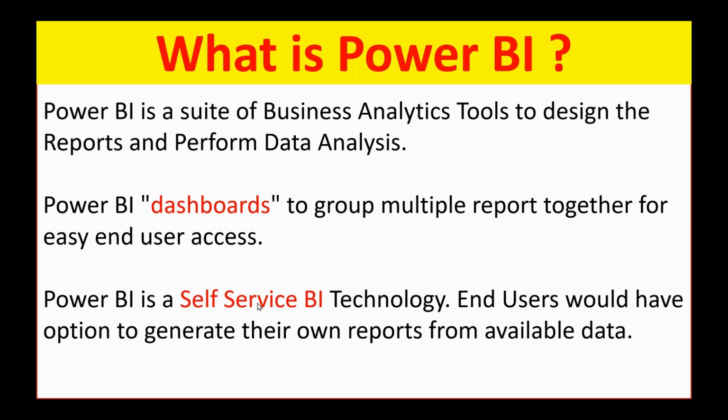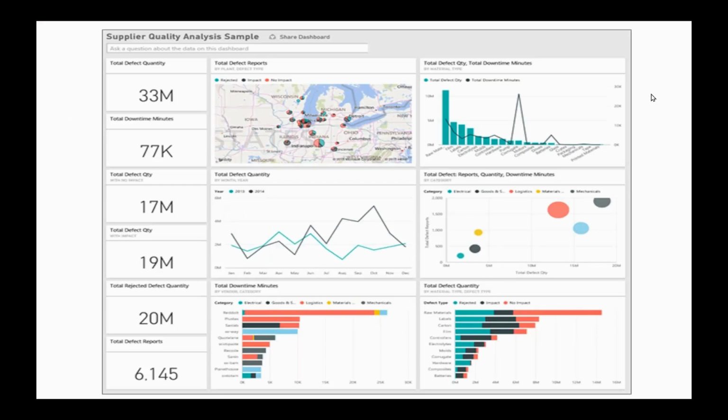With this information, let's understand now our job roles and the day-to-day job activities. Let's get started slowly. So, a sample report that we are going to design in the next couple of classes is something like this.